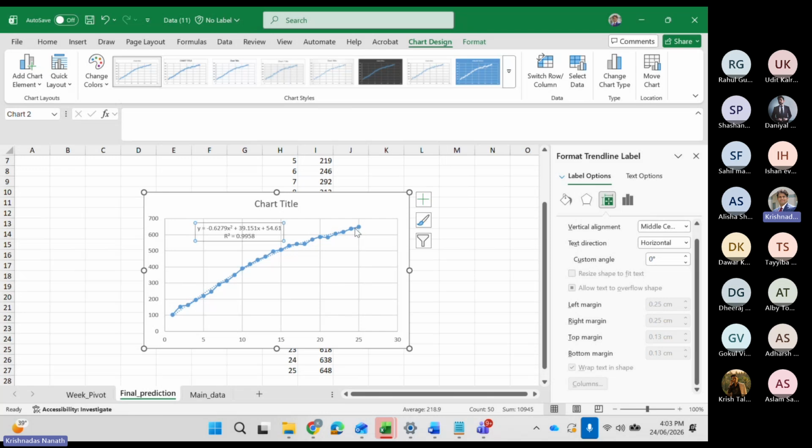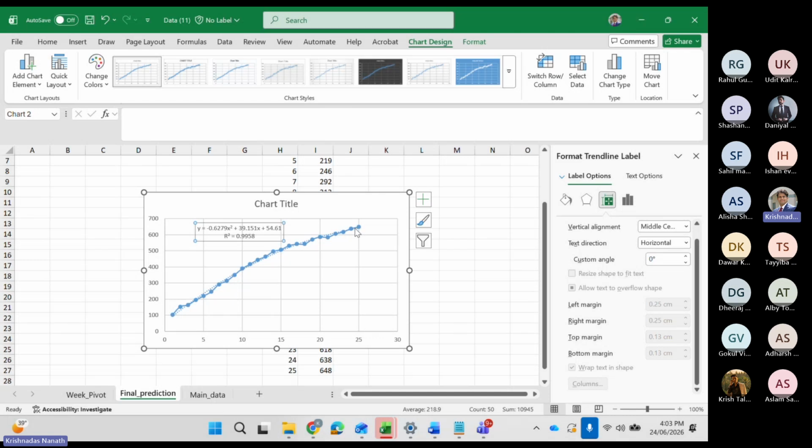R square is better, fit is better, it should increase the predictive reliability. Of course, I can even consider x to the power of 3, even better fit, even better R square. But let's argue about this compared to linear. Is there any case, looking at a polynomial, where I would still prefer linear?